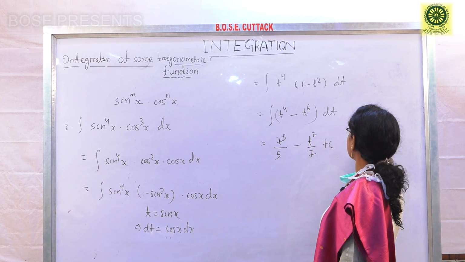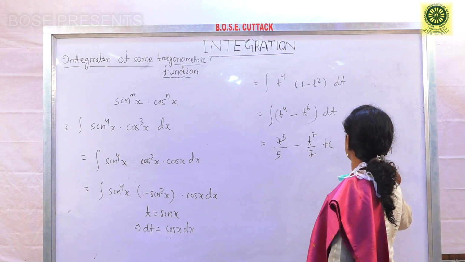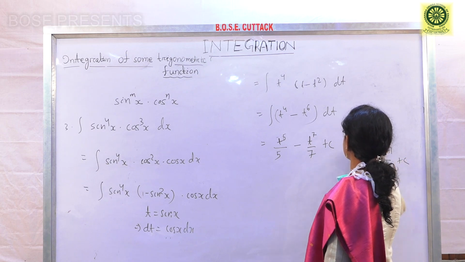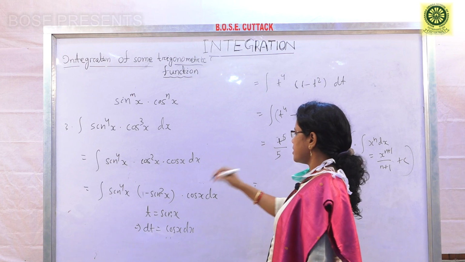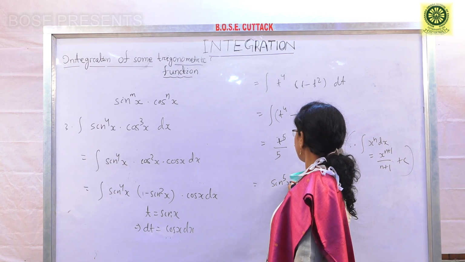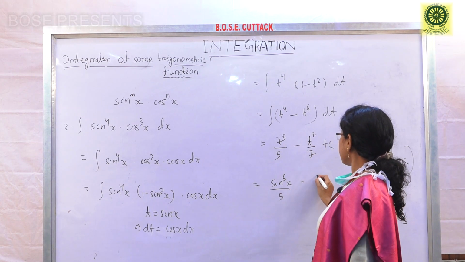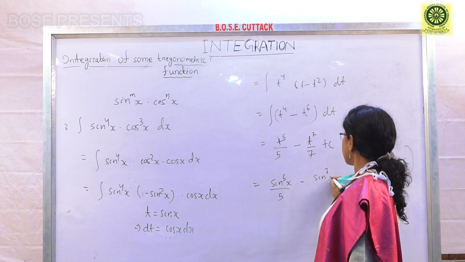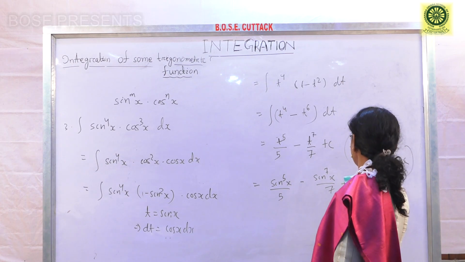By using the integration formula, the integral of x to the power n is x to the power n plus 1 by n plus 1, plus c. Now just replace this t by sin x, so that you will get your required answer. Then t to the power 7 will be sin to the power 7 x by 7, plus c. This is your required answer.